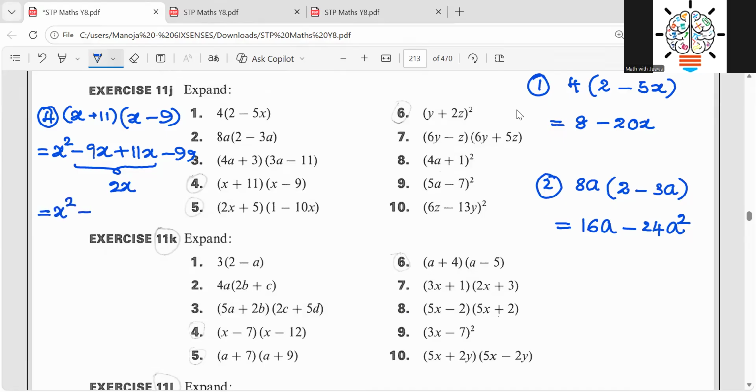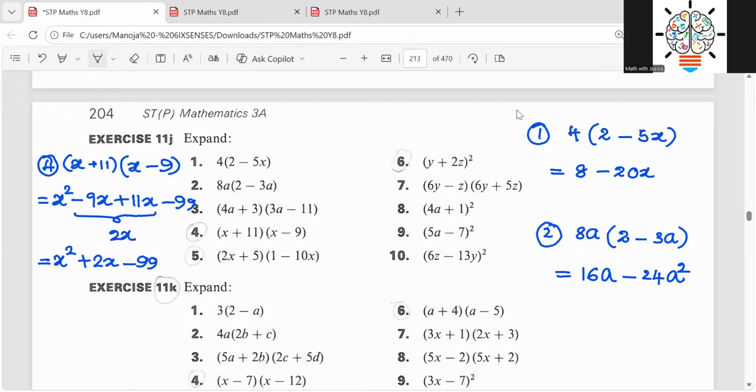X squared plus 2x minus 99, right? X squared minus 9x plus 11x minus 99. And negative 9x and positive 11x, then it is positive 2x. So then that will be x squared plus 2x minus 99, right?